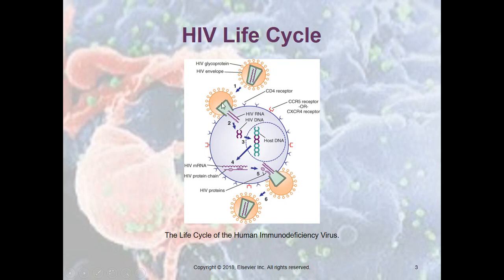It opens it up and then deposits its RNA material, its genetic material, into the CD4 cell. That's basically what we went through in the last presentation when we were first introduced to HIV. So this is just another visual representation of that.